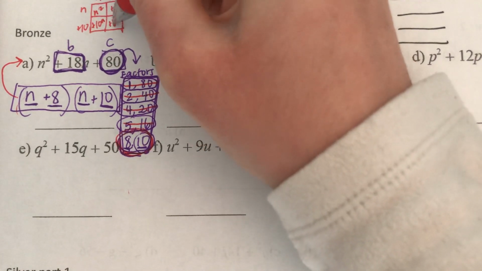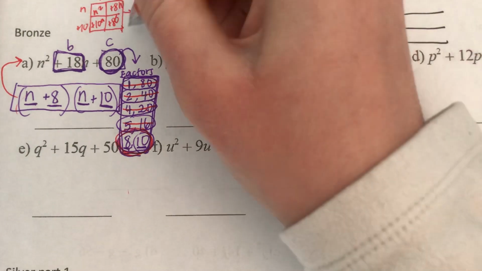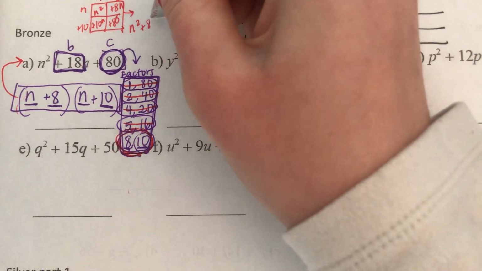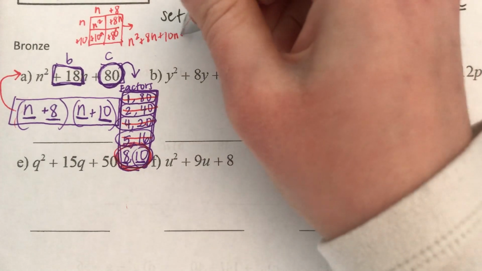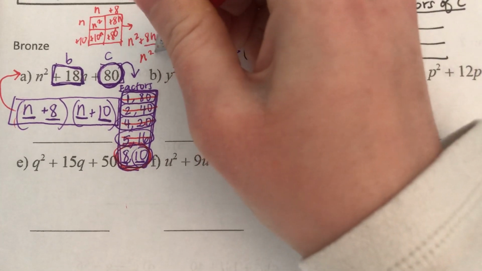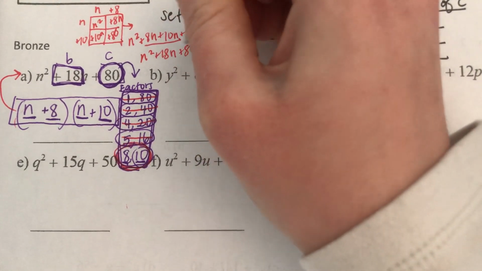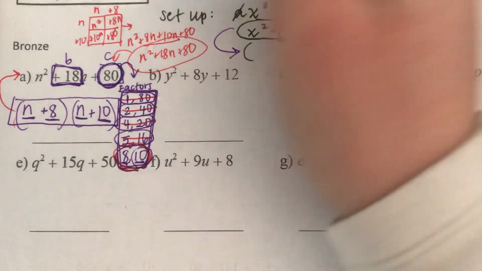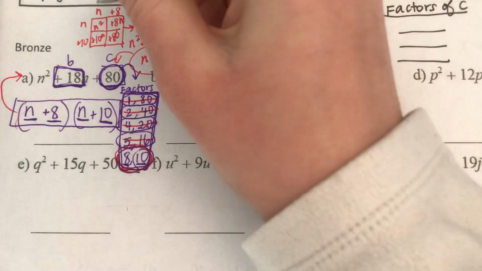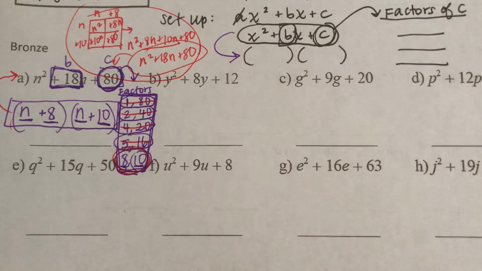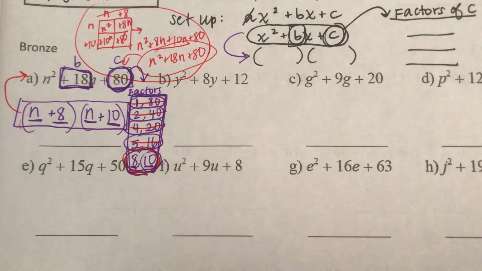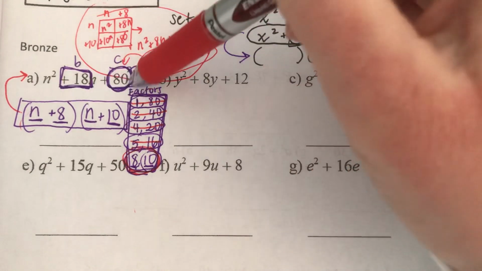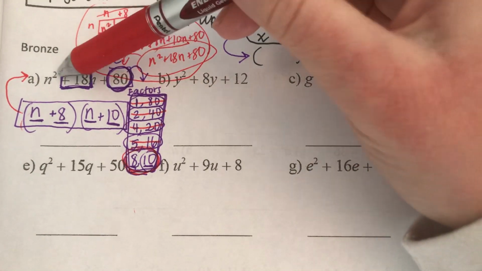Sorry, I'm moving pretty quickly, but I think you've got this topic already, so I just want to make sure that you know how to check your answer. N squared plus 18n plus 80, that matches our original. So you can always go back and do this if you need to double check that you have the correct answer.